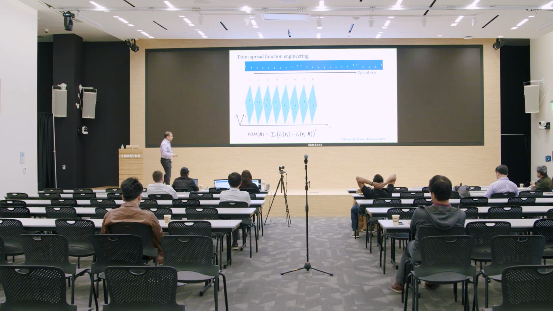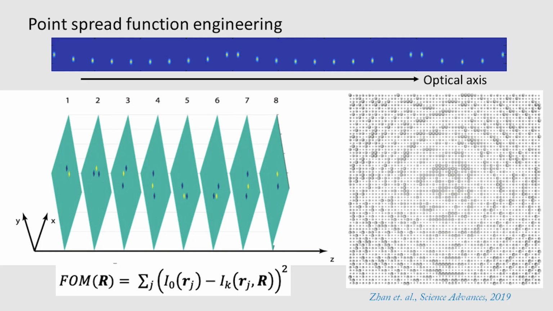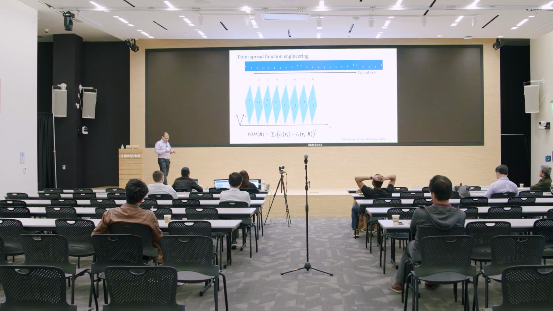So we actually wanted to solve this problem. We chose 8 planes, and in each plane we identify which one is the brightest spot. But if you only optimize the bright spot, it turns out it's not a very well-defined problem. So we also had to put in some dark spots. In this case, the dark spots are in the 2 surrounding planes: wherever there was a bright spot before, now we have a dark spot.